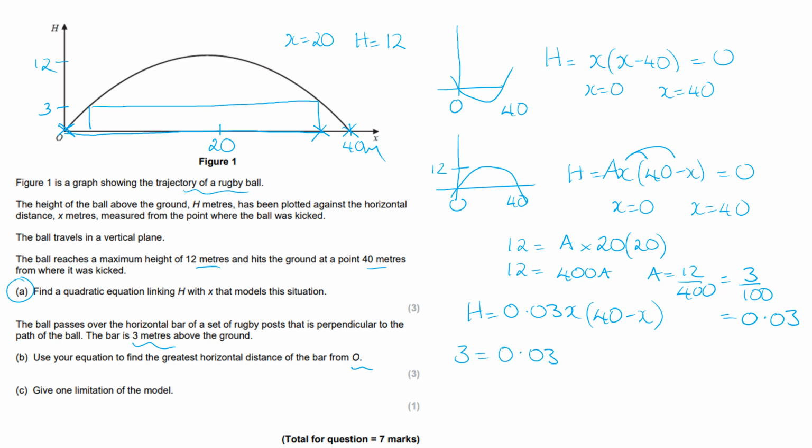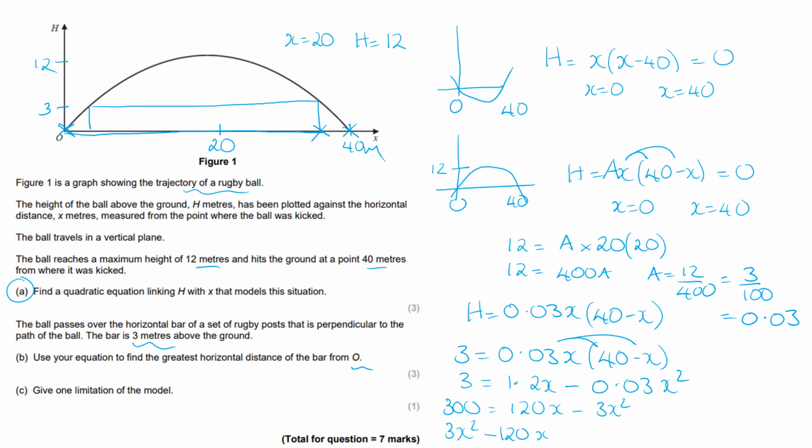So 3 is equal to 0.03x into 40 minus x. Now if we multiply this in, we're going to get 3 is equal to 1.2x minus 0.03x squared, which we multiply by 100, we'll get 300 is equal to 120x minus 3x squared, all to one side. 3x squared minus 120x minus 300 is equal to 0.